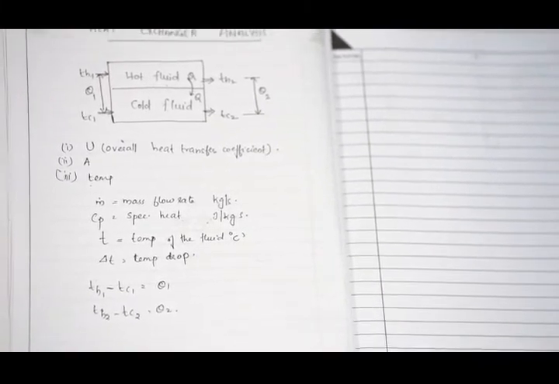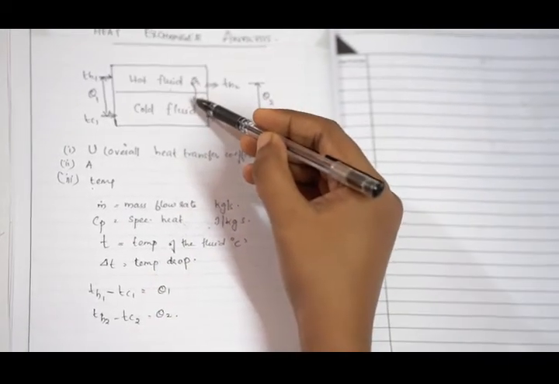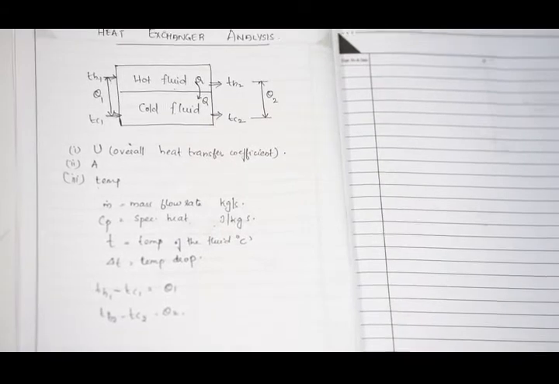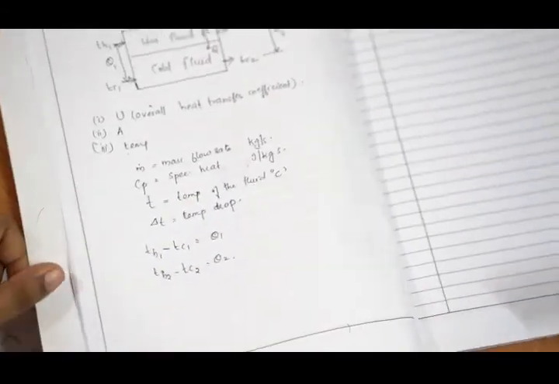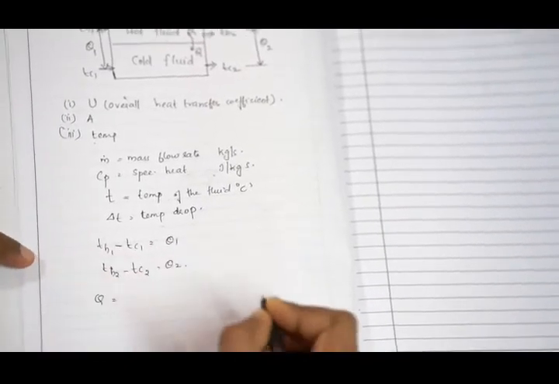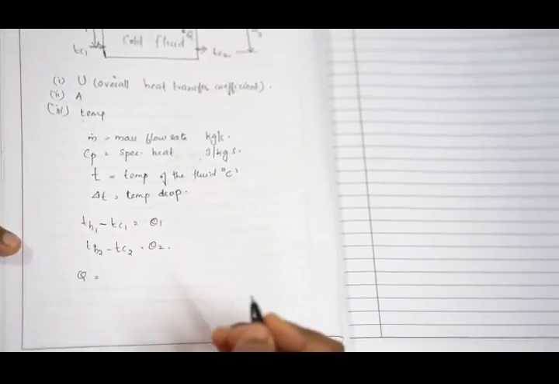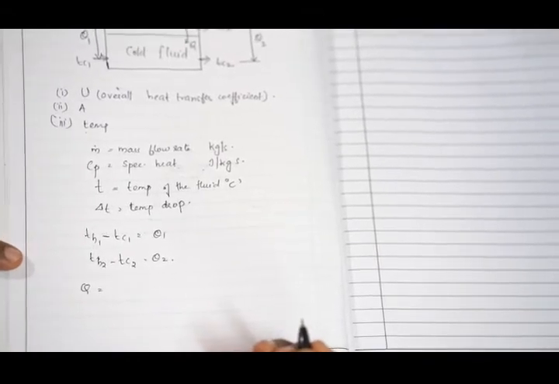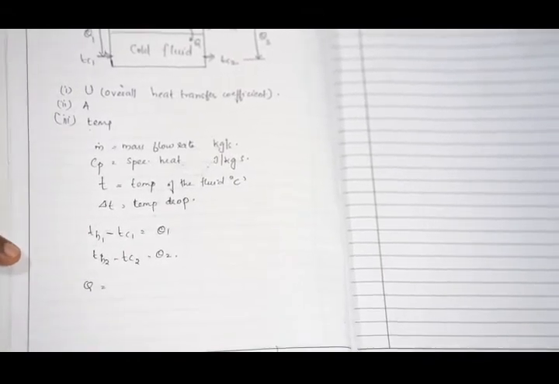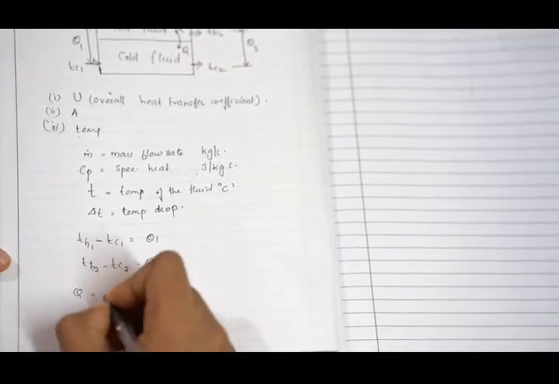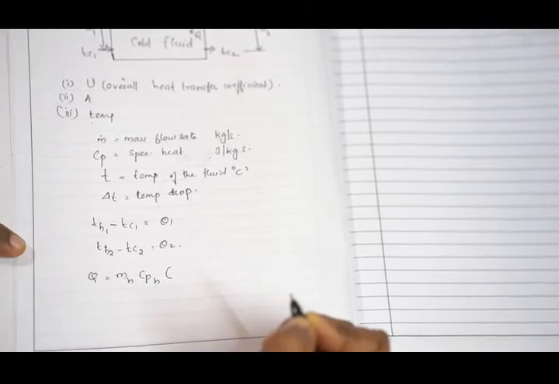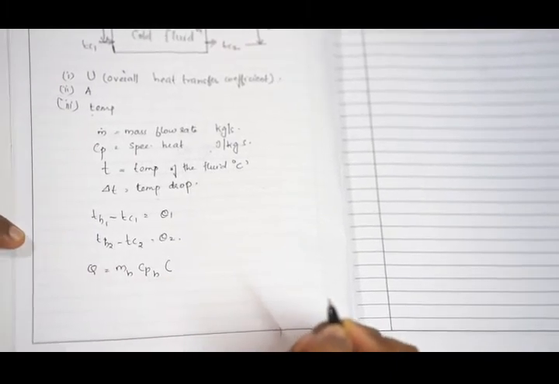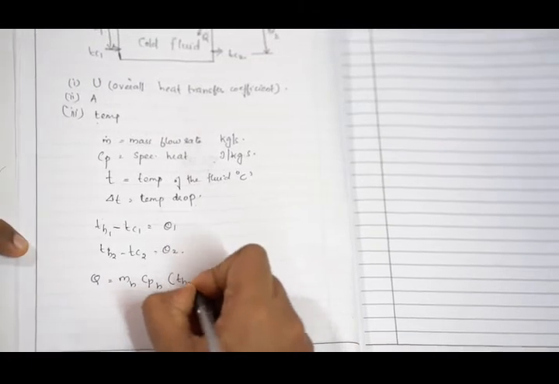From the energy balance in a heat exchanger, the heat rejected by the hot fluid is equal to the heat absorbed by the cold fluid. From the energy balance equation we can write Q, the amount of heat transferred, is equal to the heat rejected by the hot fluid. We know that the heat transfer equation is m c delta T. So for the hot fluid, mh cph delta T, the temperature difference of the hot fluid, that is TH2 minus TH1.